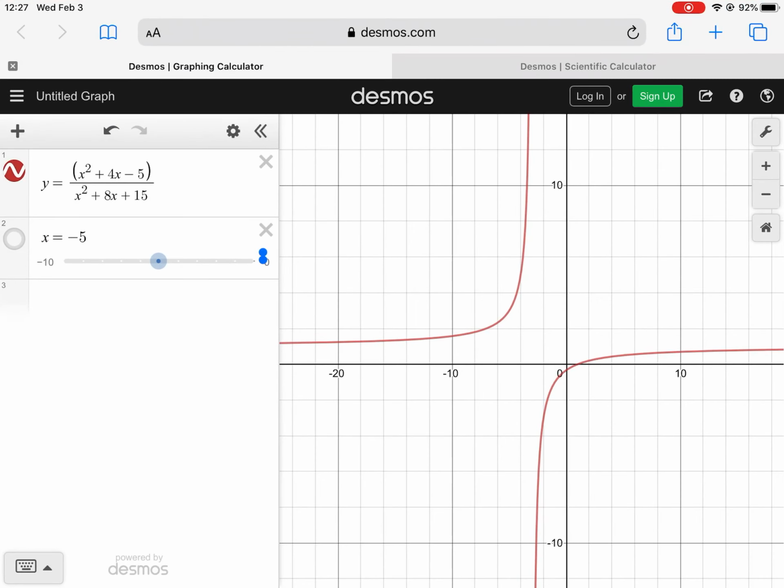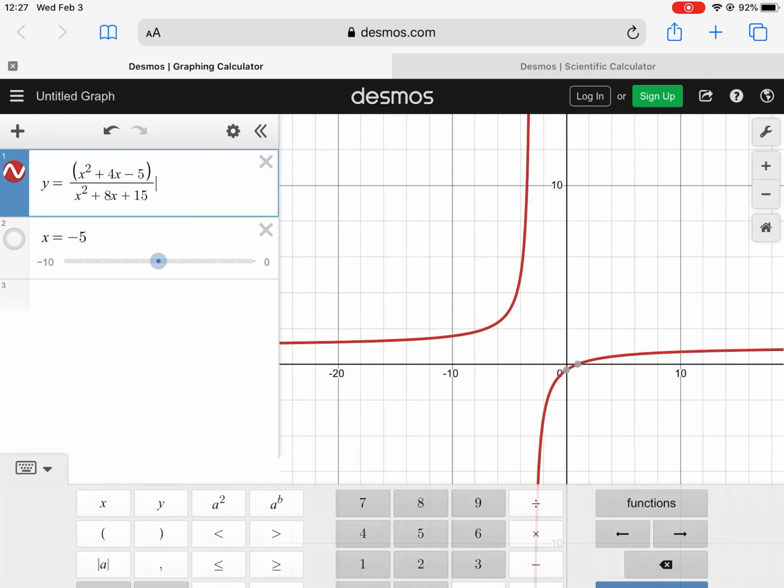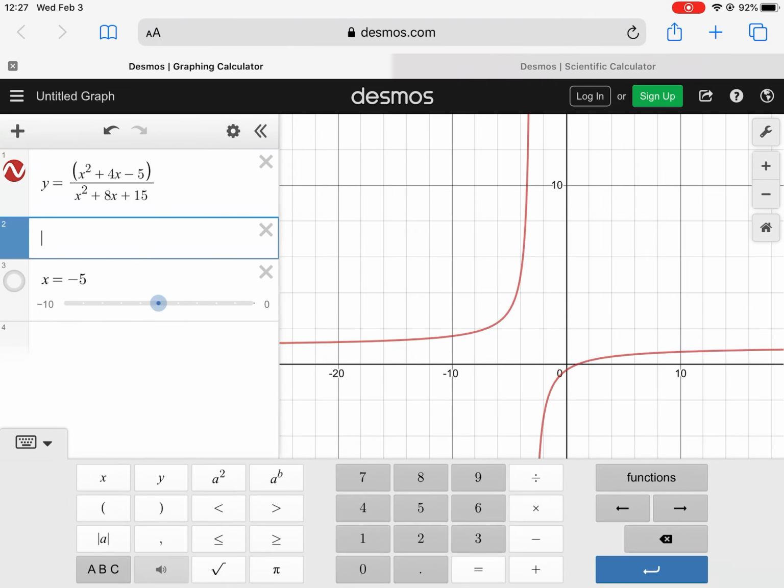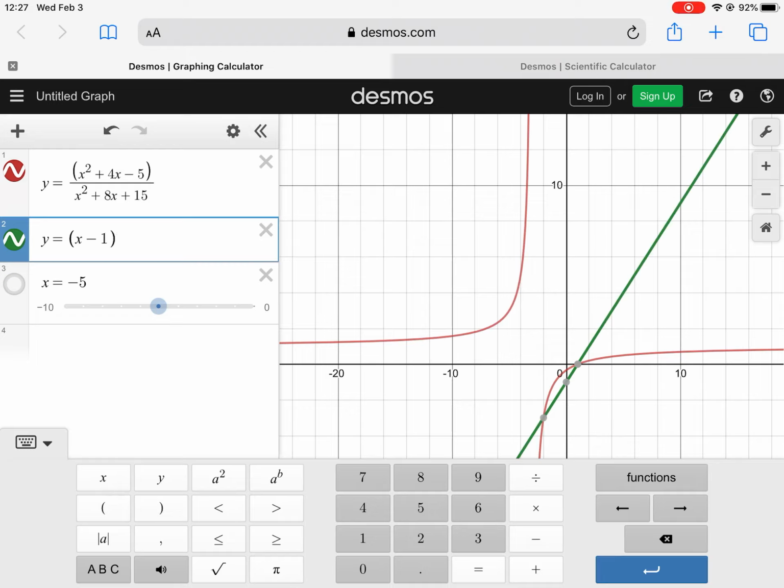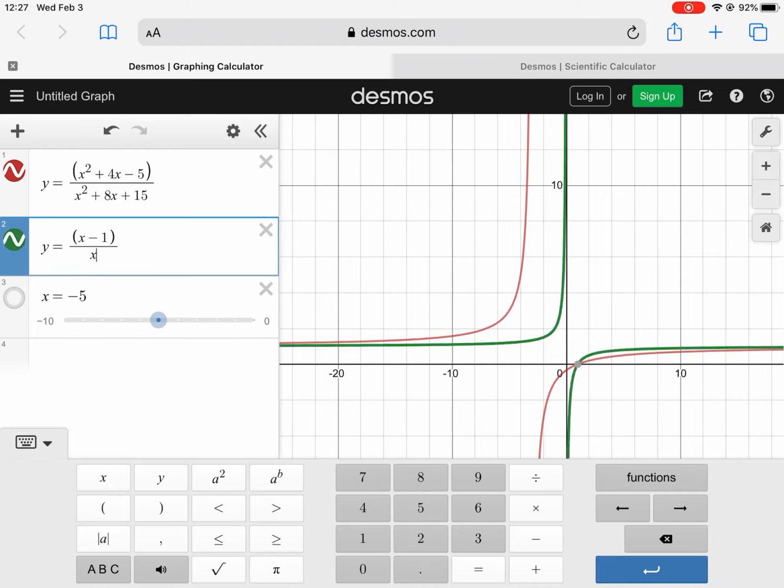Let me show you what I'm talking about in Desmos. Here is the graph of g of x. Notice it's x squared plus 4x minus 5, and then x squared plus 8x plus 15. If I were to graph y equals x minus 1 over x plus 3, which is what we just got, it's the exact same graph.